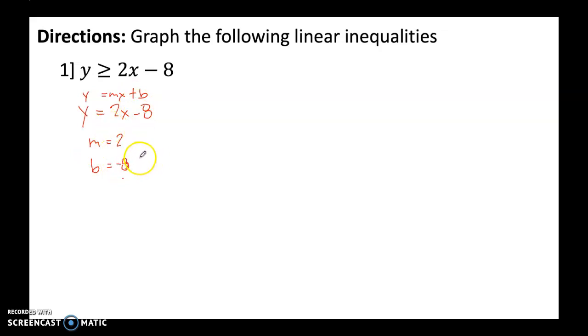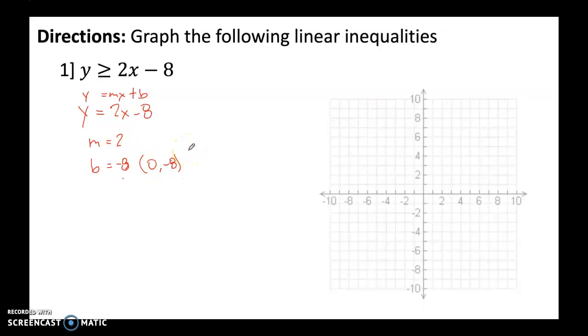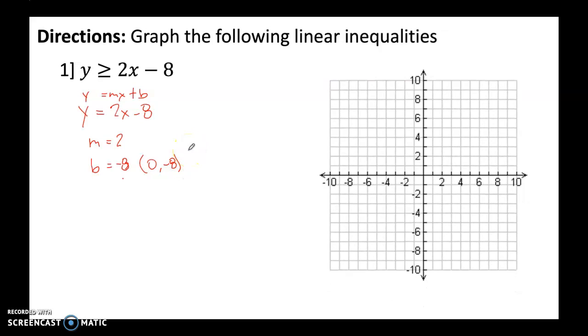Therefore, our y-intercept is at (0, negative 8). So to graph the linear equation, plot first the y-intercept (0, negative 8). Then we use the slope to find the second point. Since m is equal to 2, the denominator of a whole number is always 1.